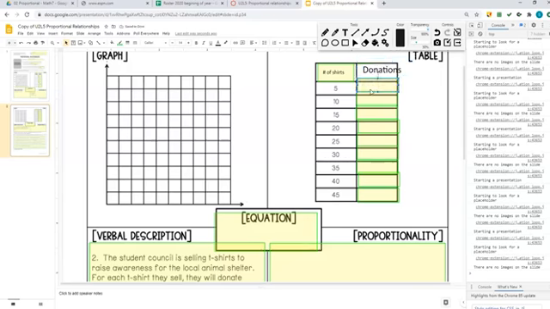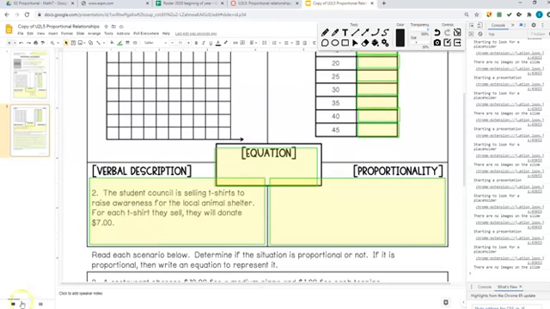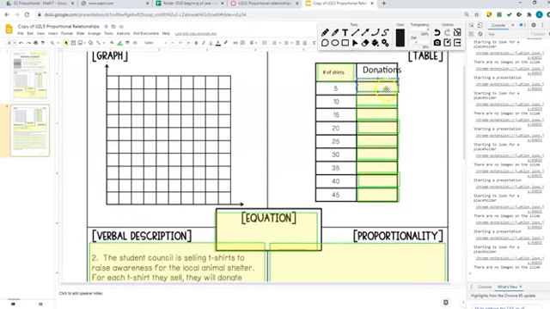Alright, so for 5, let's go ahead and fill out the table. Remember, for each shirt, they're going to be $7, so how much would you donate for 7 shirts? Go ahead and fill out the table. Alright, you should have already filled out the table. So I'm going to give you the numbers that I got.